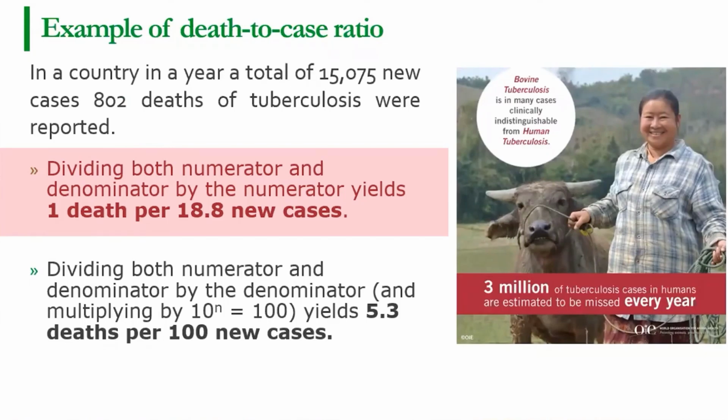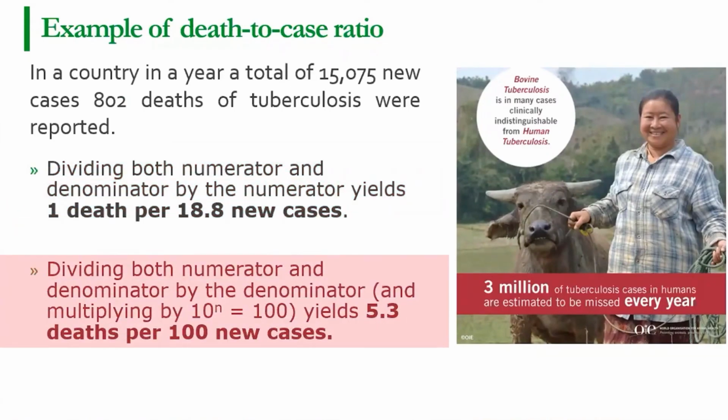If we do the vice versa, then we divide both the numerator and denominator by the denominator, and multiply by the multiplier of 100, we get 5.3 deaths per 100 new cases.